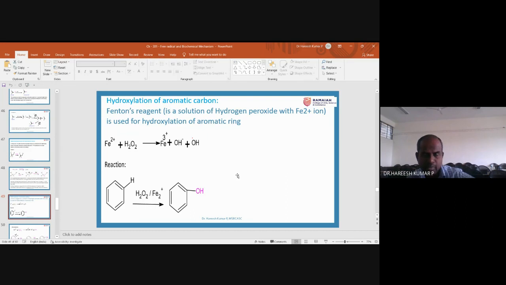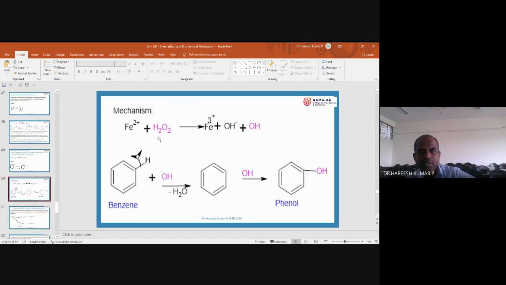In the next step, let's look at the mechanism. Ferrous ion gives an electron and is converted into ferric. Once the electron is released from the ferrous, it is taken by hydrogen peroxide, and this hydrogen peroxide splits into hydroxyl radical and hydroxyl anion.